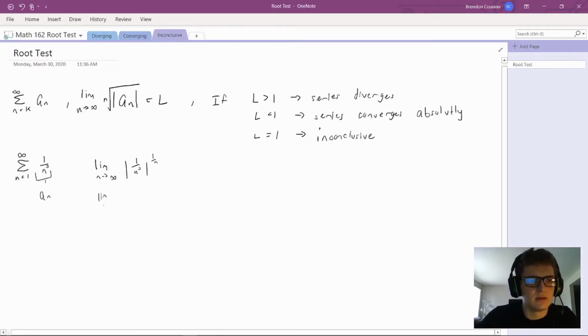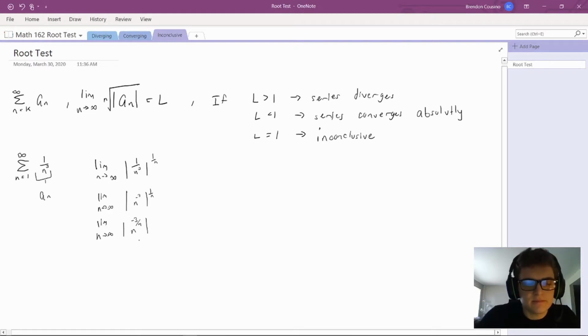So we have the limit as n approaches infinity of the absolute value of n to the negative 3 to the 1 over n. Now we have an exponent being raised to another exponent, so we multiply those. We end up with the limit as n approaches infinity of the absolute value of n to the negative 3 over n.